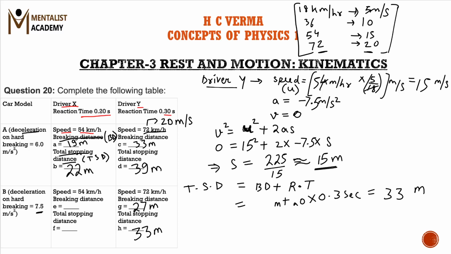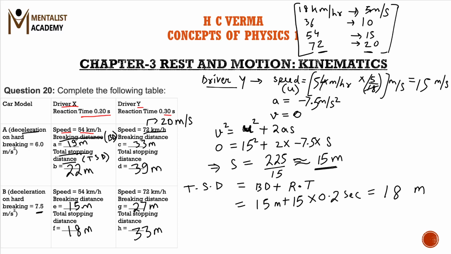Also the speed is 15 and the reaction time is 0.2. So the final total stopping distance would come out to be 15 into 0.2, which is 3. 15 plus 3 would be 18 meters. So braking distance we have found out to be 15 meters and the total stopping distance is 18 meters.